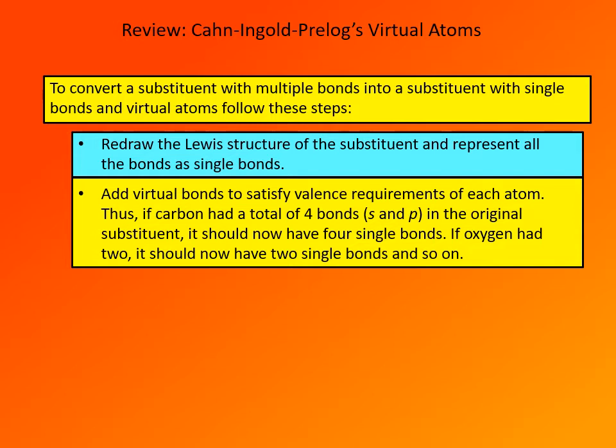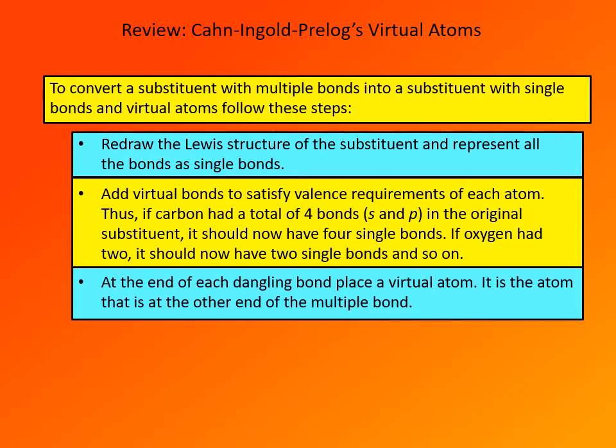So if carbon had a total of 4 bonds, that is a total of sigma and pi bonds, in the original substituent, it should have now 4 single bonds. Oxygen should have 2 single bonds, nitrogen, 3 single bonds, and so on. And then those new bonds have nothing at the end. They are so-called dangling bonds, virtual bonds or dangling bonds.